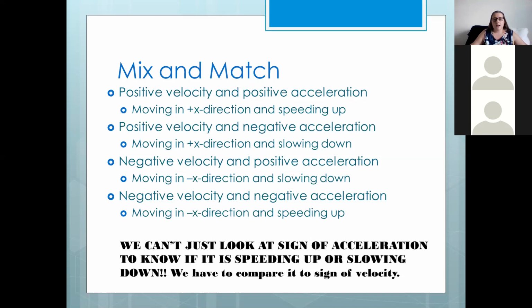You can see that first bullet point and the third example there both have a positive acceleration, but in one case the object is speeding up and in the other case it's slowing down. And likewise, that second and fourth one both have a negative acceleration, but in one case it's slowing down and in the other case it's speeding up. So we can't just look at the sign of acceleration to know what it's doing.